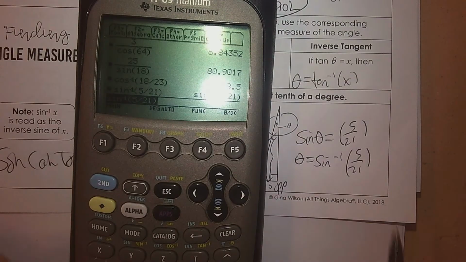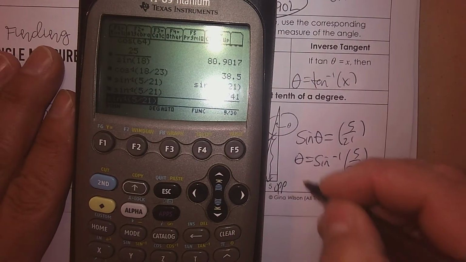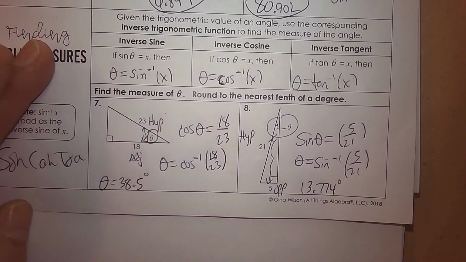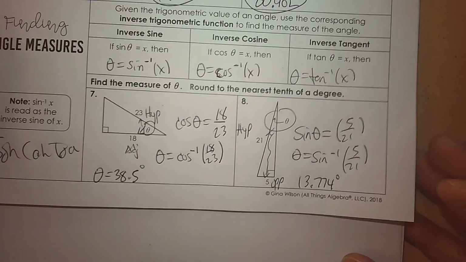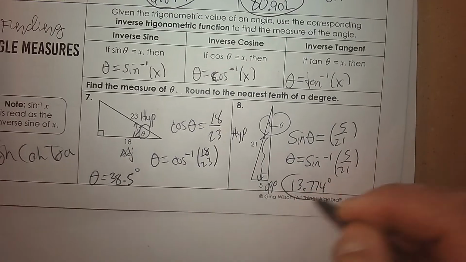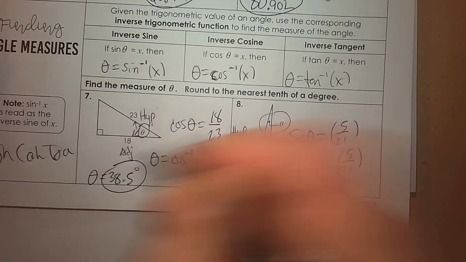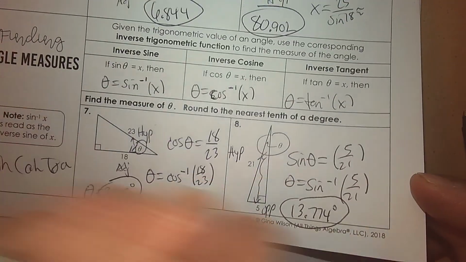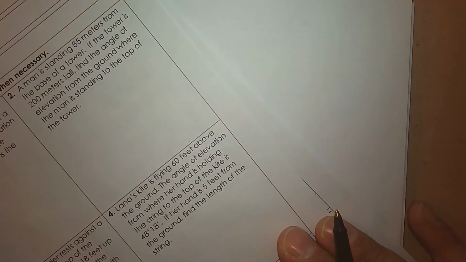And you get 13.774. Recognize that you have to put a degree symbol on it, right? A little circle at the end. Turn the page. If your calculator's grumpy, just bring it to me and I'll look at it.